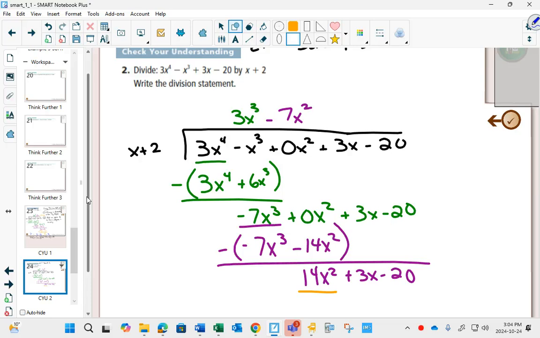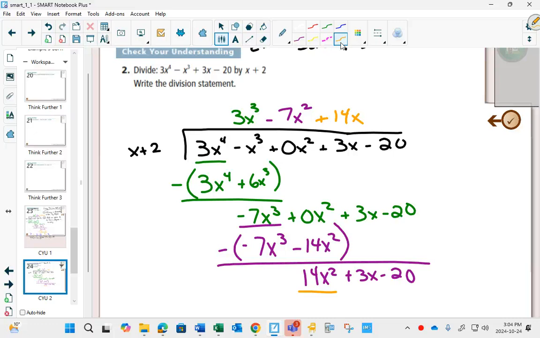Anything we can multiply the x by to get 14x? Students like this long division because you don't have to understand quite as much as the trig stuff. Trig often had lots going on in every question.